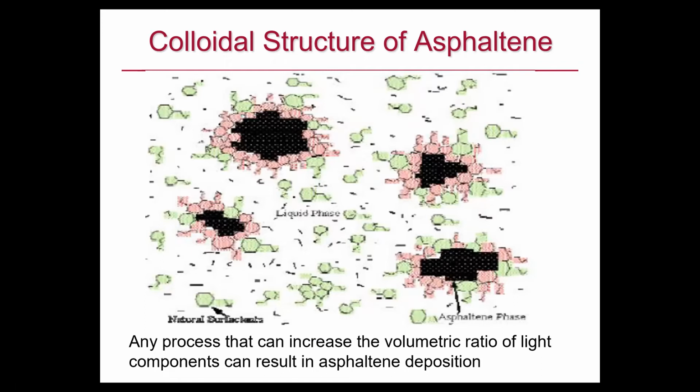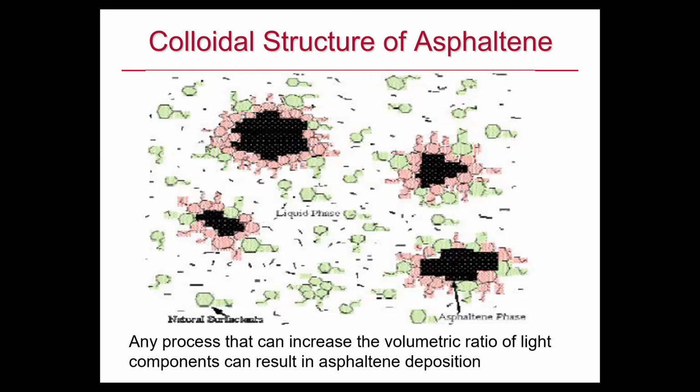This is a theory that I developed in a way. Well, I say I developed because I haven't seen it anywhere; maybe somebody else has also developed it, but it will explain all the processes that can result in asphaltene deposition.